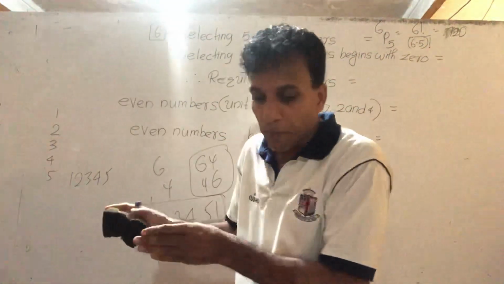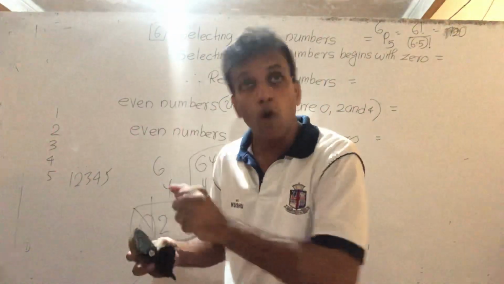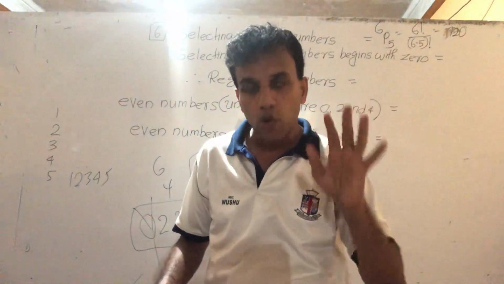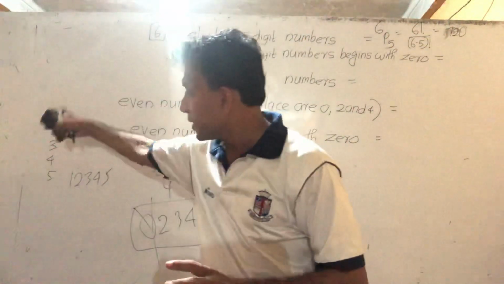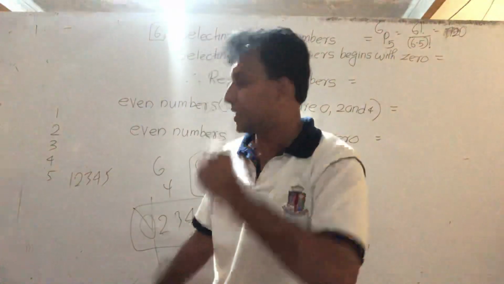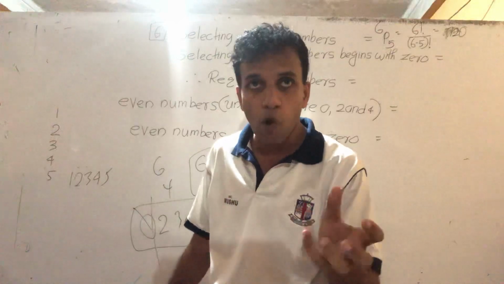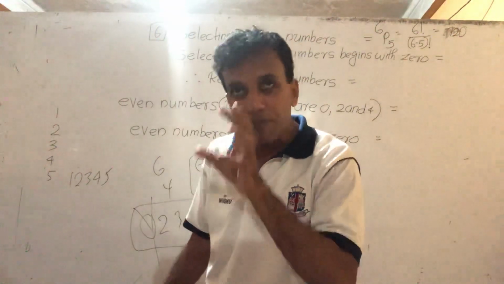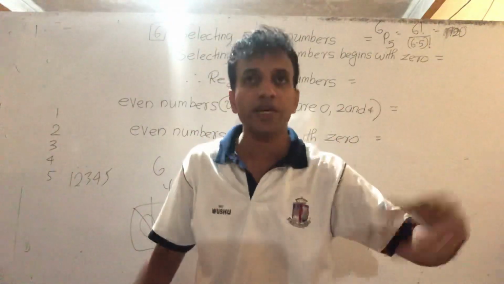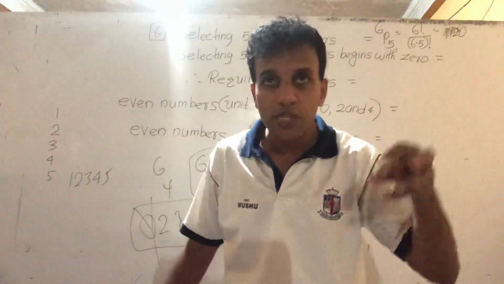From those 5 numbers, we take 4 numbers, because 0 is already there. There should be 5 digits in total, right? Here we take 4 digits from the 5 digits, form a 4 digit value, and in every such value you insert the 0 in front.